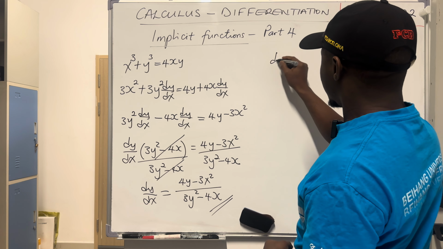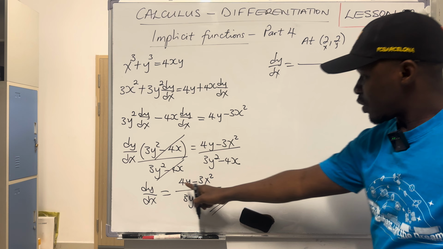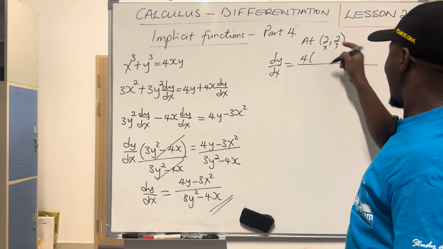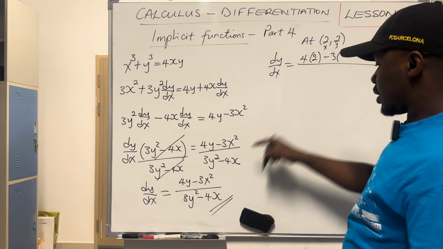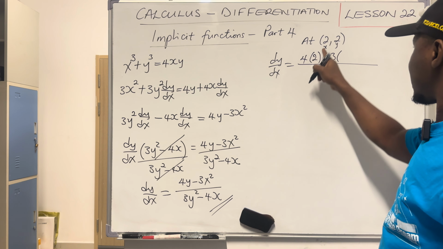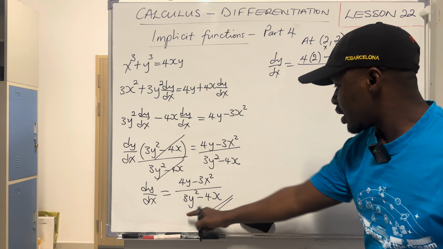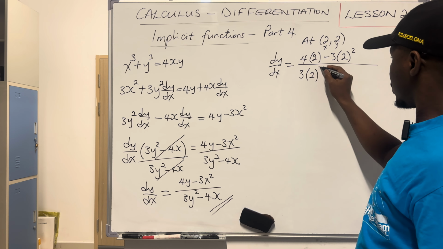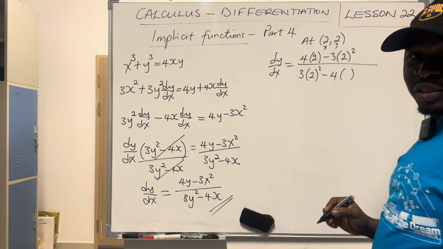So we say dy dx is equal to 4y. Well, what is y? Y is 2, minus 3x squared. What is x? X is 2, over 3y squared, y is 2 squared, minus 4x. What is x?